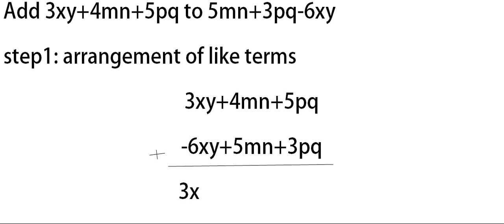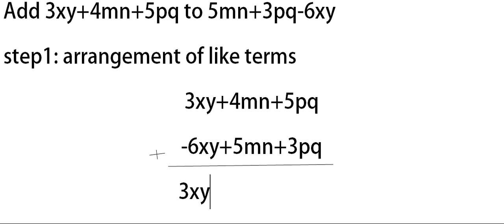3xy, but you have to put a proper sign. Since I told you plus 3xy and minus 6xy, in like terms you don't need to look at the variables. Since the variables are the same, we won't do anything with the variables. Just look at the numbers. The first number is plus 3, the second number is minus 6.